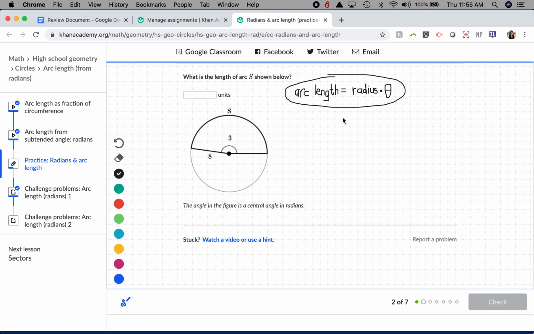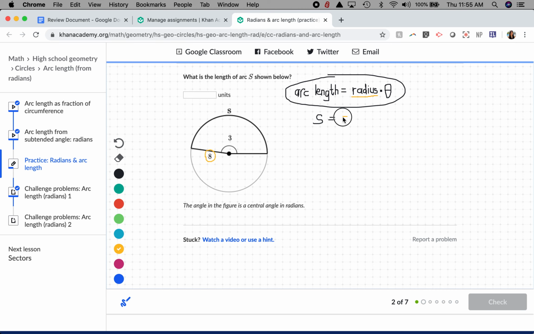So in order for us to find arc length S, we're going to have S being equal to the radius, which in this case is 8. Remember, the radius is the distance between the center to the circle.